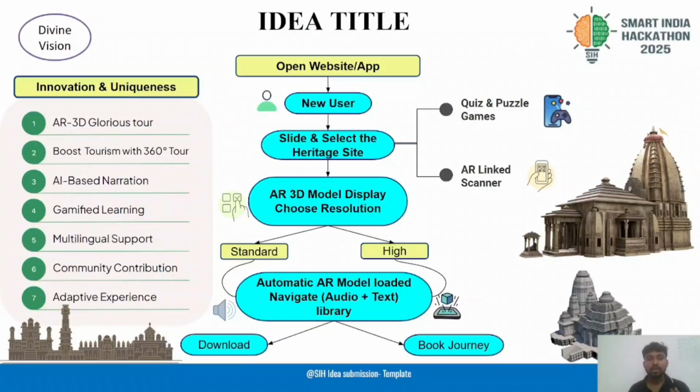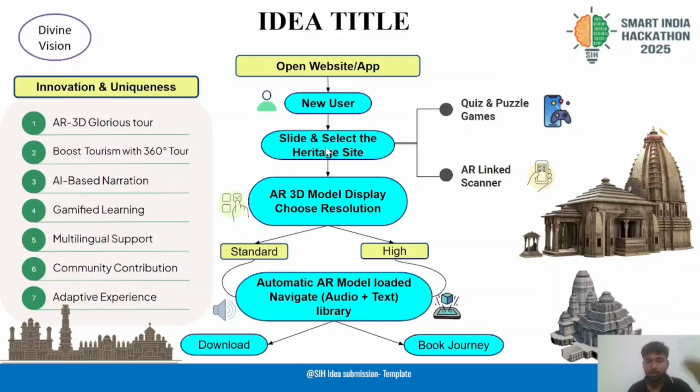Here we primarily focused on making an AR based app whose workflow looks like this, where the user can interact with the UI. They open the app, slide, and select a heritage site from different states of India.